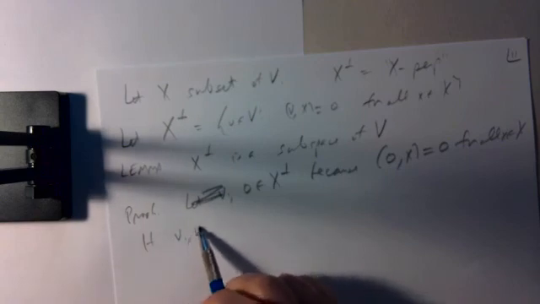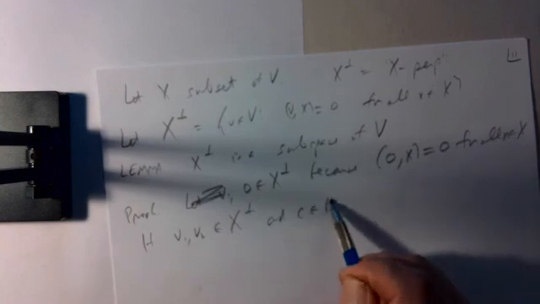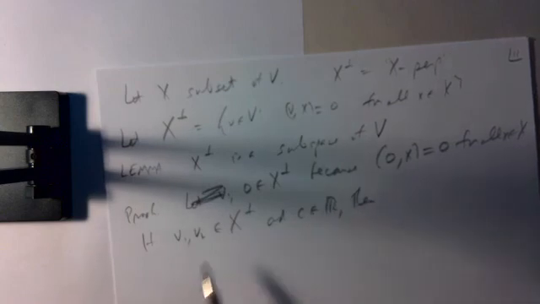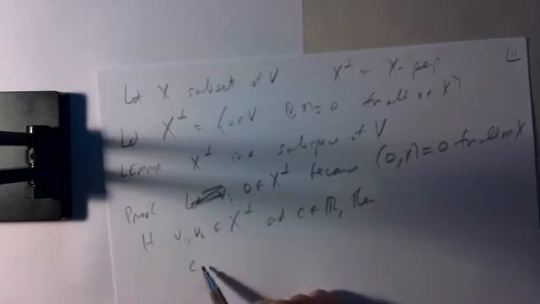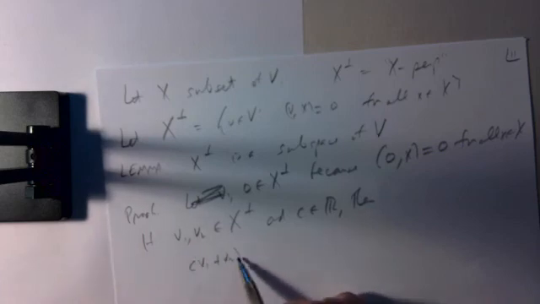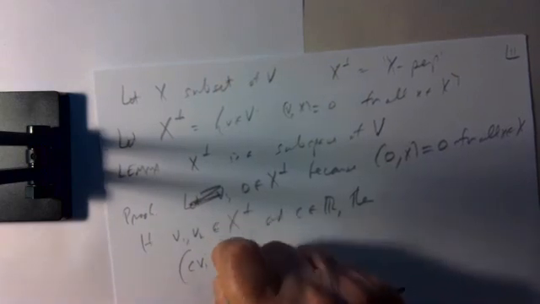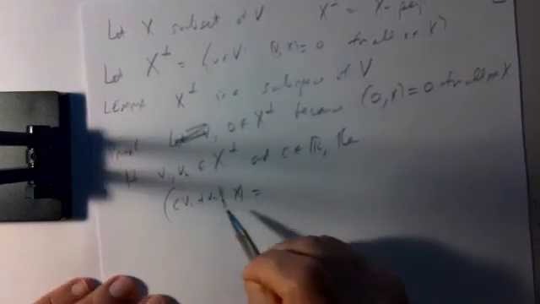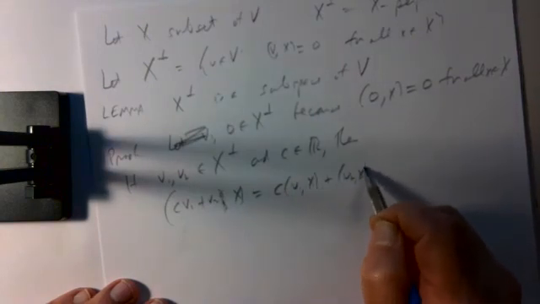And if v1 and v2 are in X perp, and c is any scalar, then the inner product of c v1 plus v2 with x, if you just expand this by bilinearity, is c times the inner product of v1 with x plus the inner product of v2 with x.